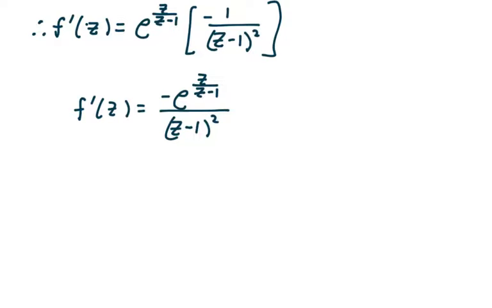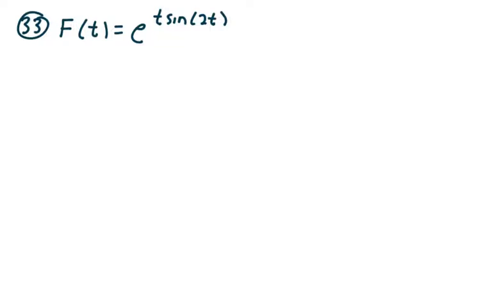If we take a look at problem 33, suppose f of t is equal to e to the t sine of 2t. Okay?